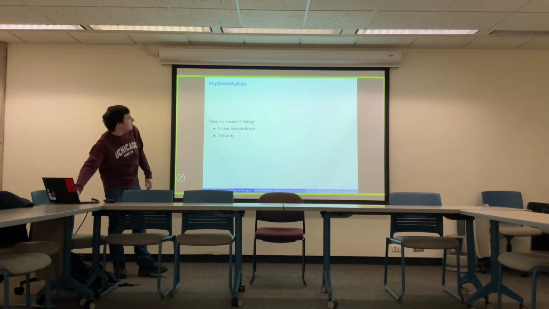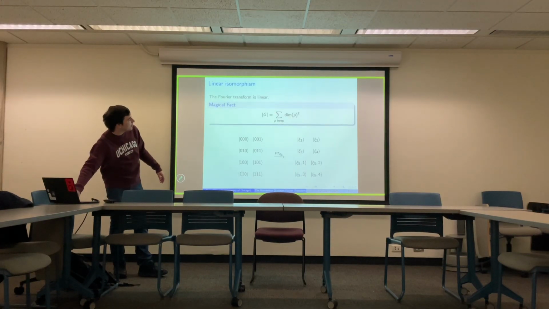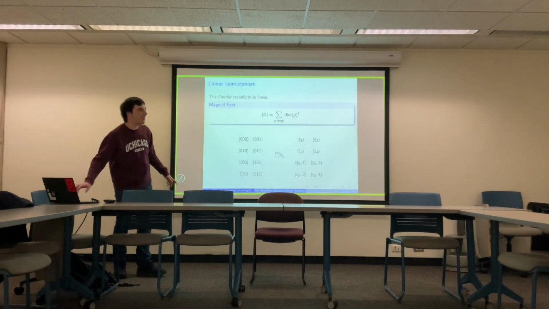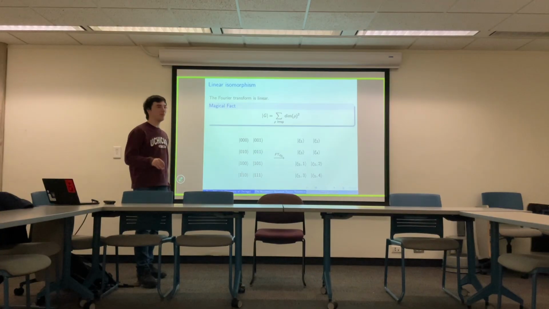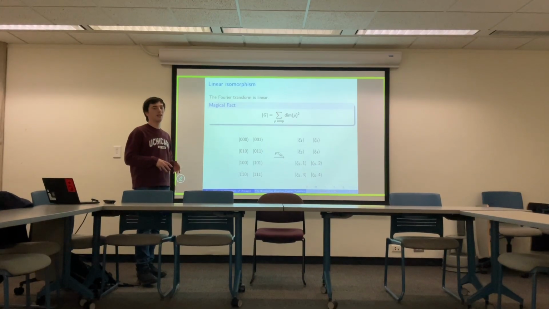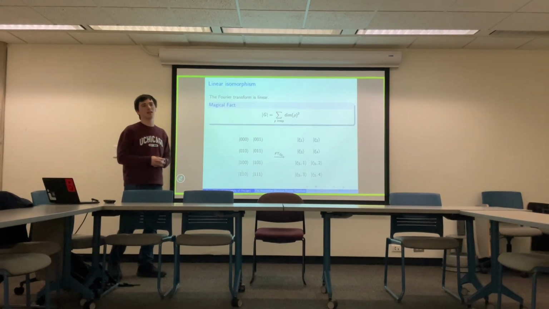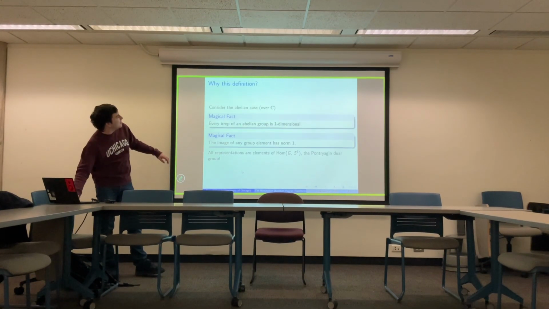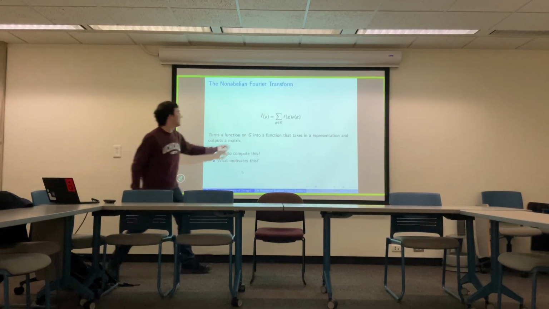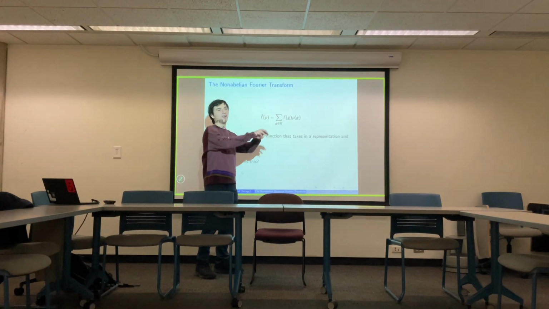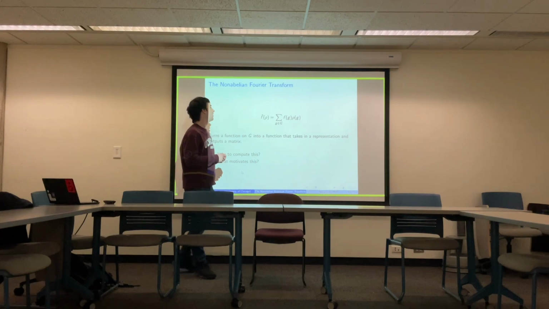So, right, you need to ensure these are magical facts from that theory. Another magical fact here that helps you is that the number of irreps is equal to the number of conjugacy classes of your group. So in principle, it's always going to be finite. And it shows the linear isomorphism. The linearity just comes from, you know, af plus bg. You can always take it out of the sum.